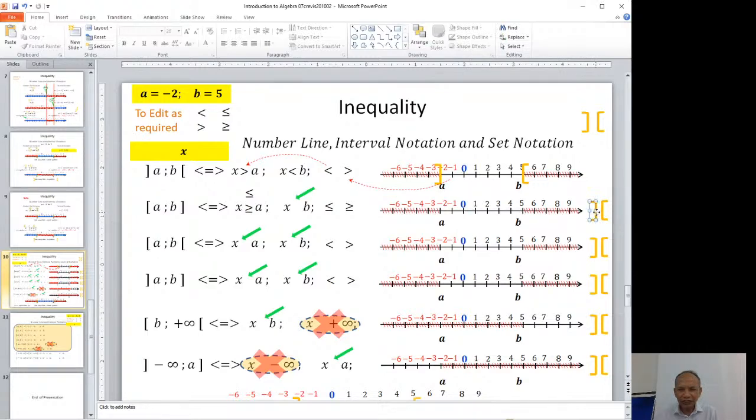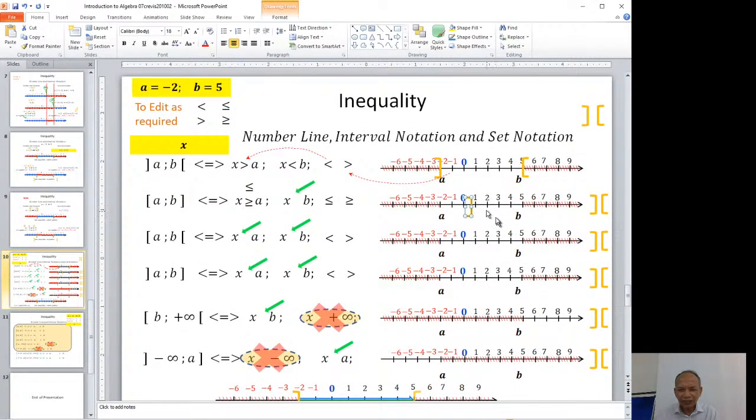You can take the bracket like this and put it somewhere. Okay, you have to do it at home. I think I will upload this new slide, the corrected presentation, again.